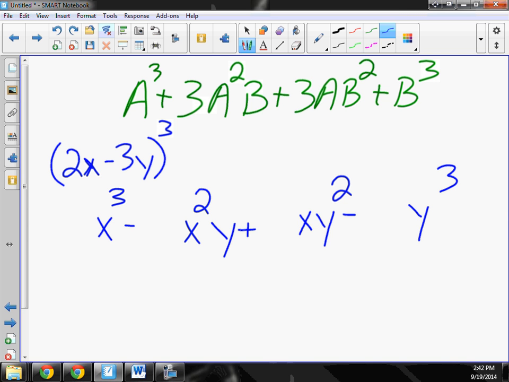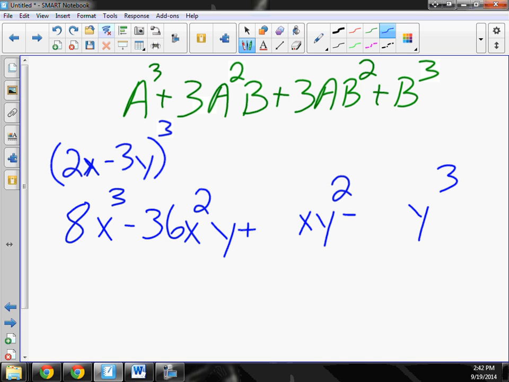Okay, so the first coefficient is going to be the cube of 2, which is 8. Okay, the second one is 3 times a squared b. A squared is 4 times negative 3, negative 12 times 3, 36, and if you've already put the negative in place, you don't need to worry about signs. Okay? The next one is 3ab squared.